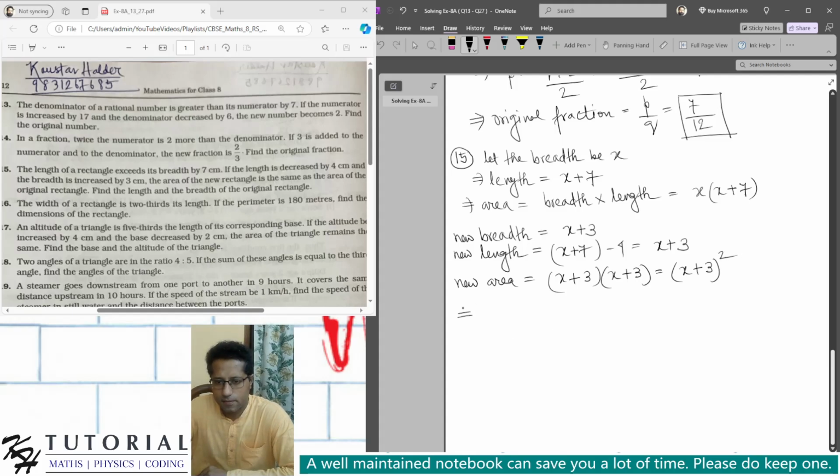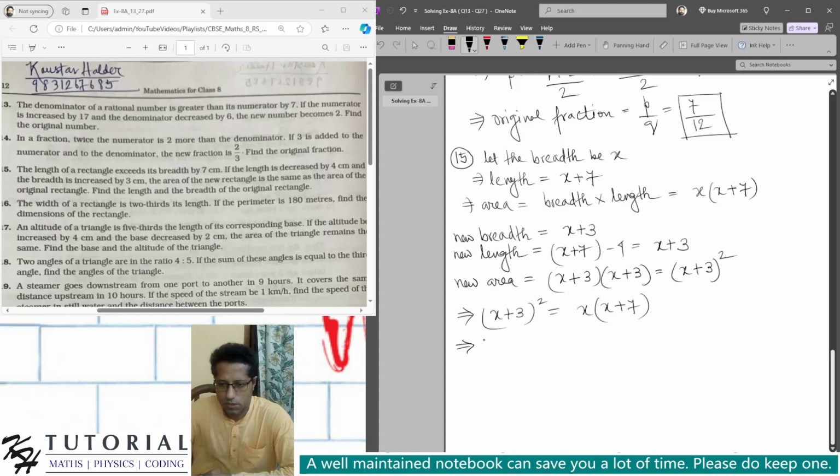Now it is given that new area is equal to the original area, so we have x plus 3 whole square is equal to x multiplied by x plus 7. So this is the equation we have formed in the variable x. Even though it may not look like a linear equation, it will get reduced to a linear equation if we do the squaring of the LHS and if we simplify the RHS by doing the product.